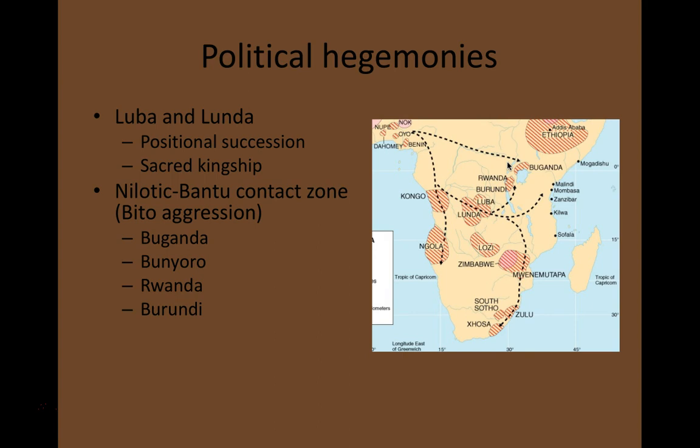Now that said, there was a great amount of fluidity. These lines did not harden at this point, but these are the very early origins of the ethnic groups called Tutsi and Hutu. The Tutsi is the herders and the Hutu is the farmers. And over time, those identities changed, and we'll pick that up again later on in the course.